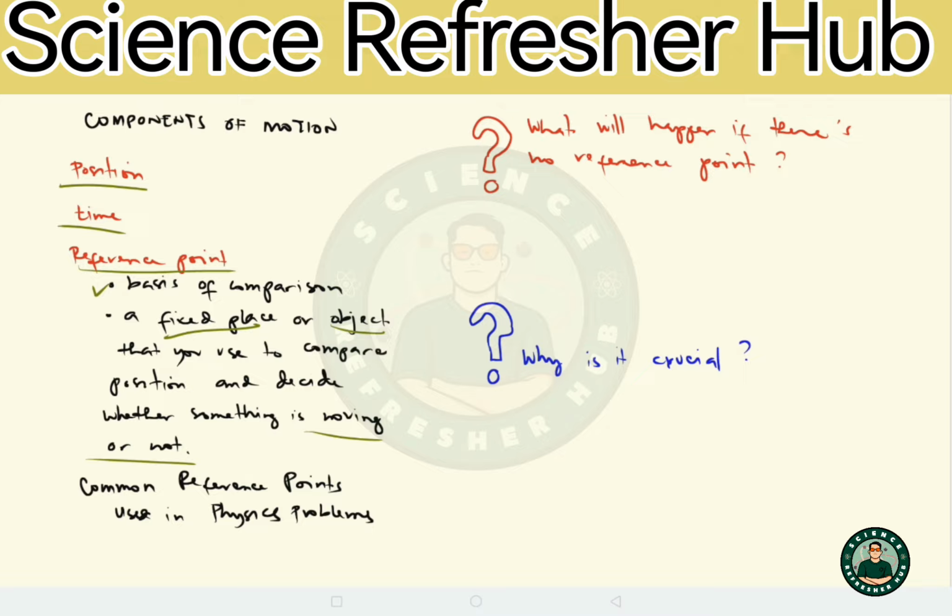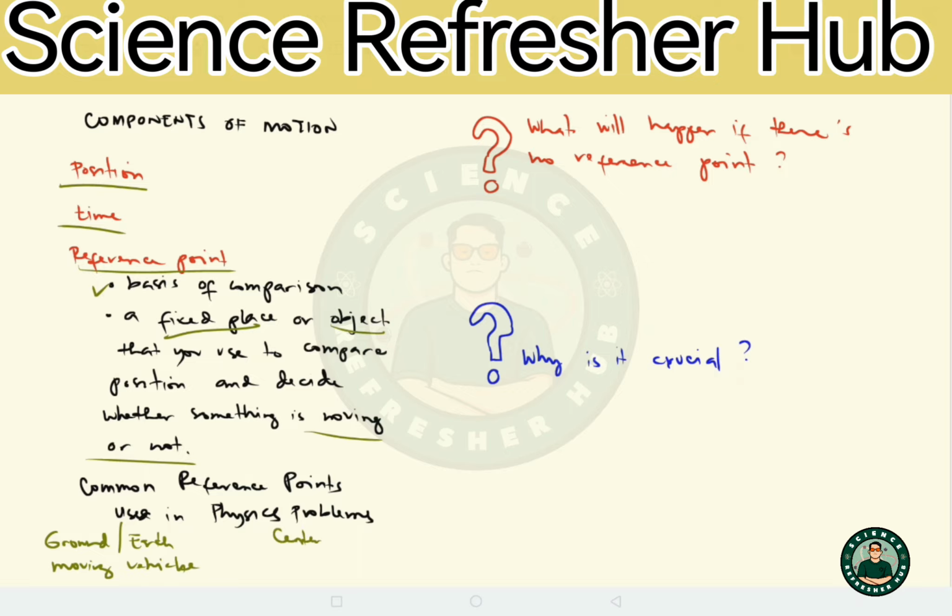And common reference points, we will discuss the common reference points used in physics problems. You have the ground, or let's say Earth. You're on Earth. The ground, that's the reference point. A moving vehicle like a bus or tricycle or motorcycle.